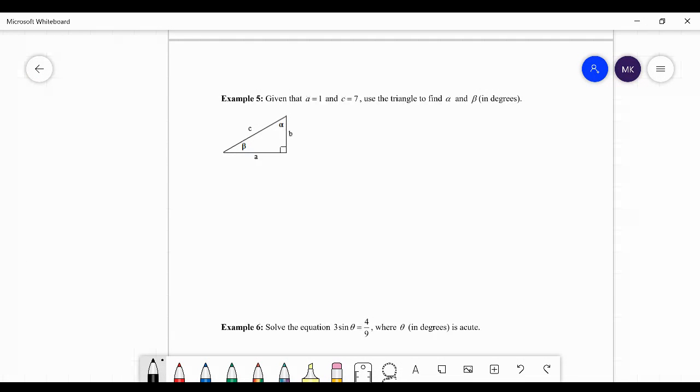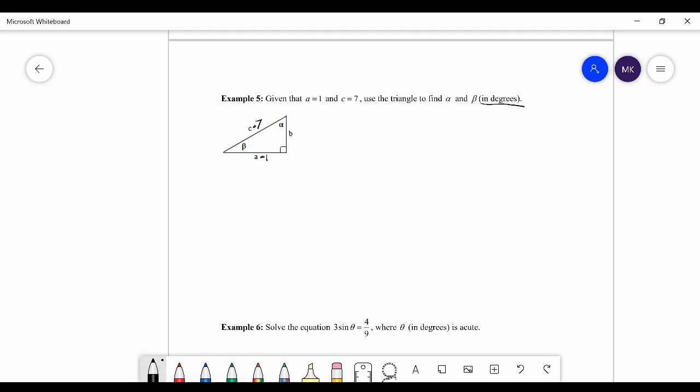So here we're given some information. We are told that A is equal to 1, C is equal to 7. Okay. So we know that A equals 1, C equals 7. We need to figure out what alpha and beta are in degrees. Notice, in degrees.